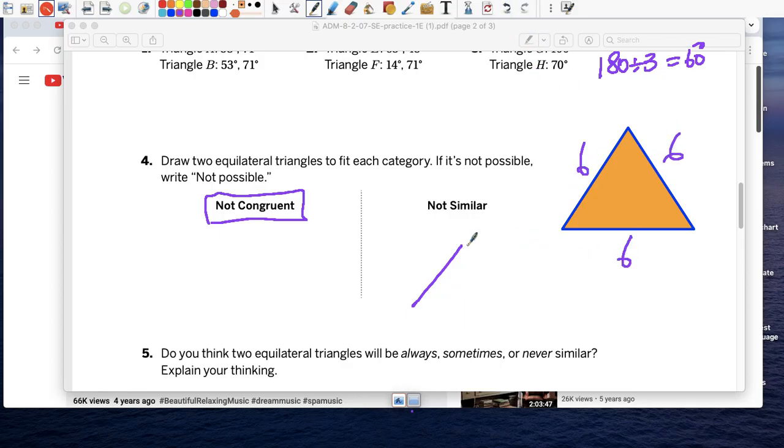Can I make another equilateral triangle where the angles are 60, this is 60 degrees, this is 60? Can I make a triangle that's not similar, meaning there's 60, 60, 60, but maybe here is 3, and this is 3, and this is 4? You just can't, because if you change the length here, it's going to change the angle. So this is not possible to do. I can't think of a way of doing that.